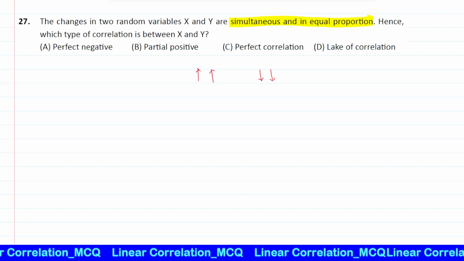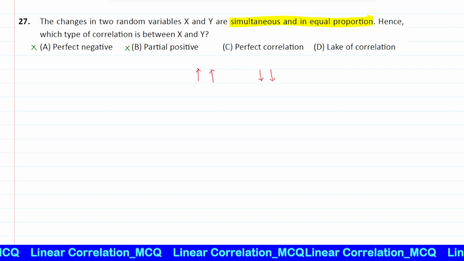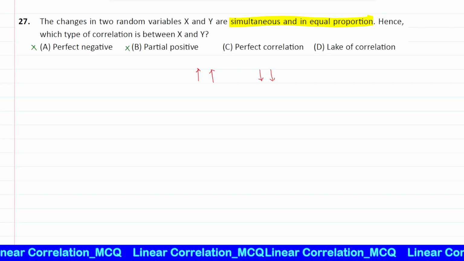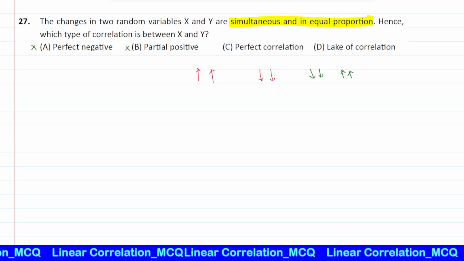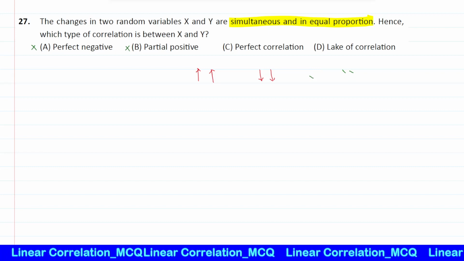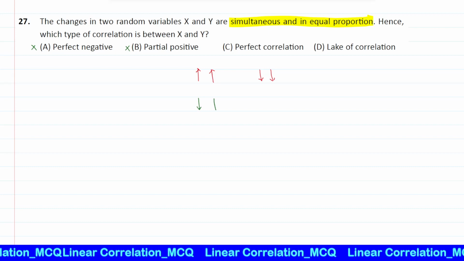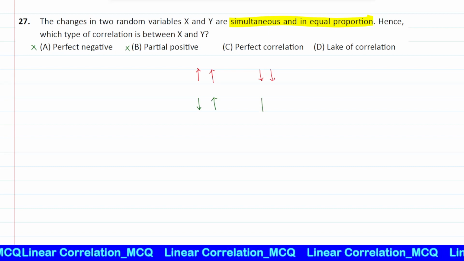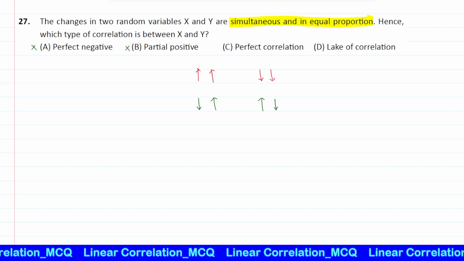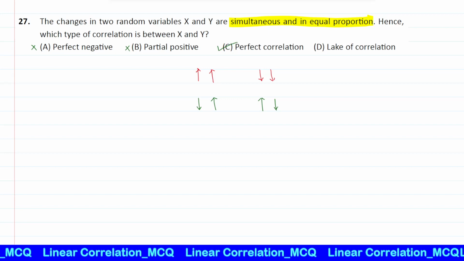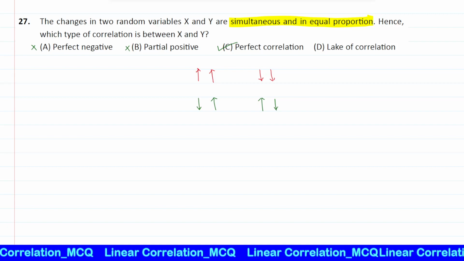Option C is given as perfect correlation. Both variables change, either both decrease or both increase, or they change in opposite directions, where one increases and the other decreases. That means there is perfect correlation between X and Y, whether positive or negative.